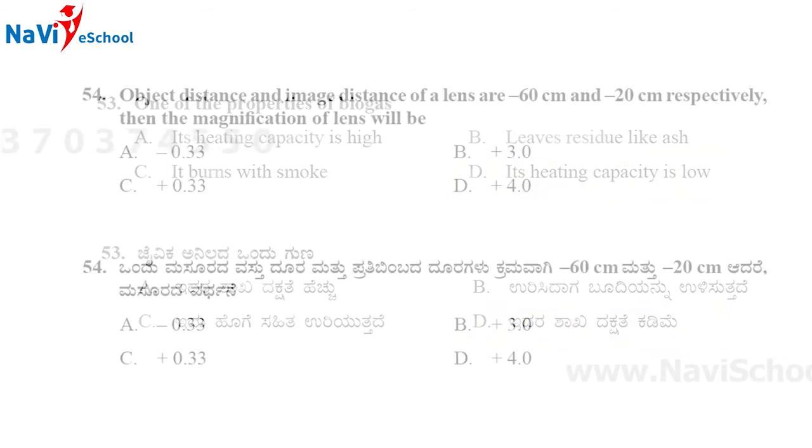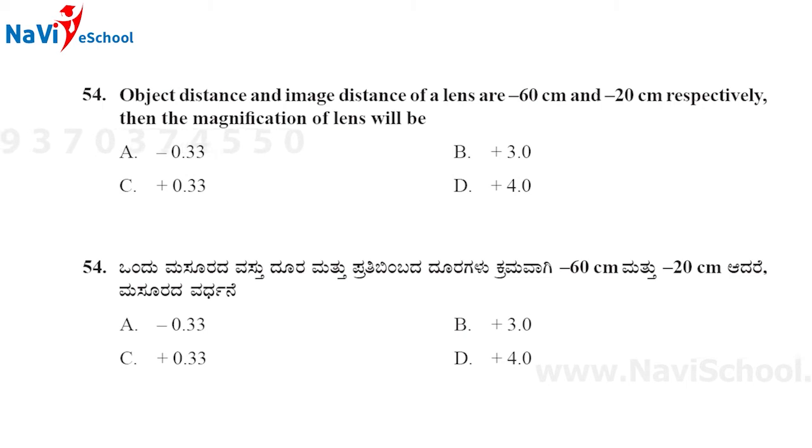Next question, question number 54. Object distance and image distance of a lens are minus 60 centimeter and minus 20 centimeter respectively. Then the magnification of the lens will be: option A minus 0.33, option B plus 3.0, option C plus 0.33, option D plus 4.0.